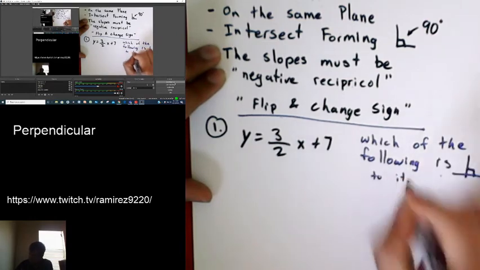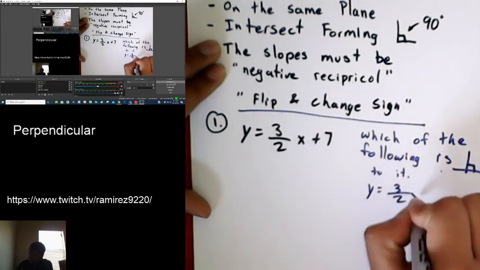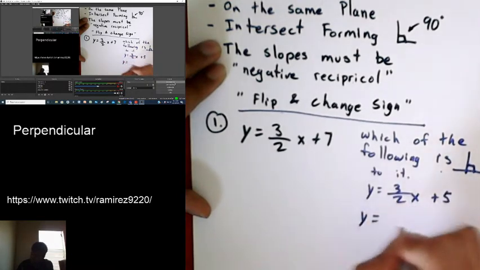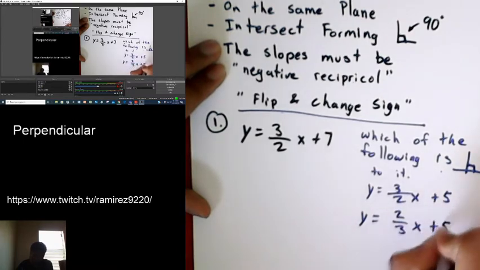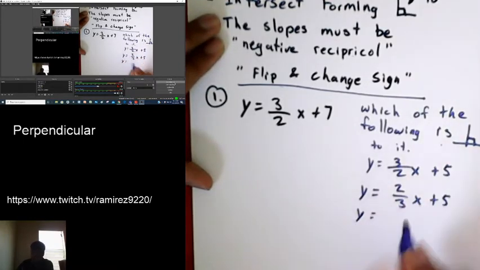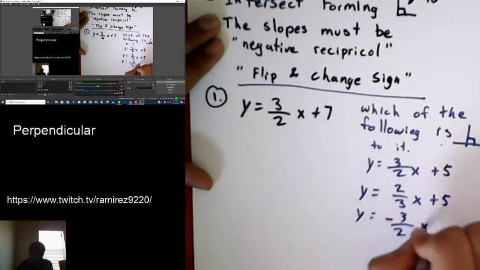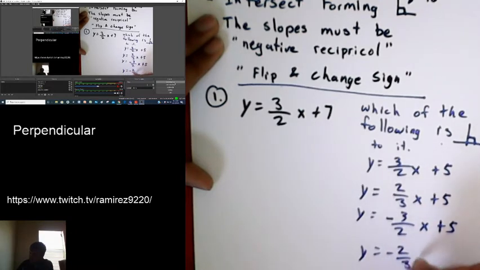And your options were y is equal to 3 over 2x plus 5. Y is equal to 2 over 3x plus 5. Y is equal to negative 3 over 2x plus 5. And y is equal to negative 2 over 3x plus 5.